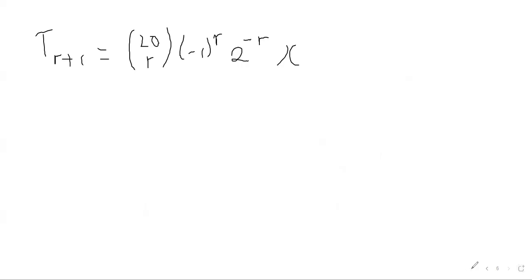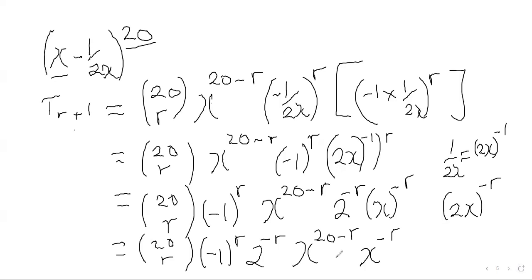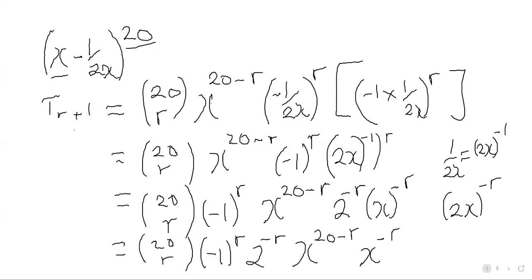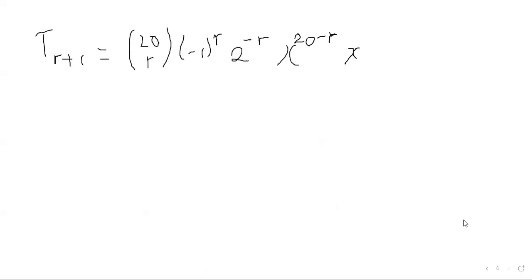Let me see what we got here. x to the power 20 minus r, and this other x is x to the power negative r. So x to the power negative r.